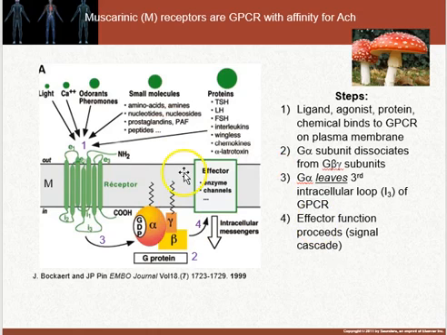Just to review, here's what the G protein coupled receptor looks like. Sometimes you can hear people referring to it as a serpentine molecule. This is a 7-transmembrane protein that goes through the plasma membrane, and this third intracellular loop is the one that's more biologically active. These are the G proteins that are coupled to that loop.